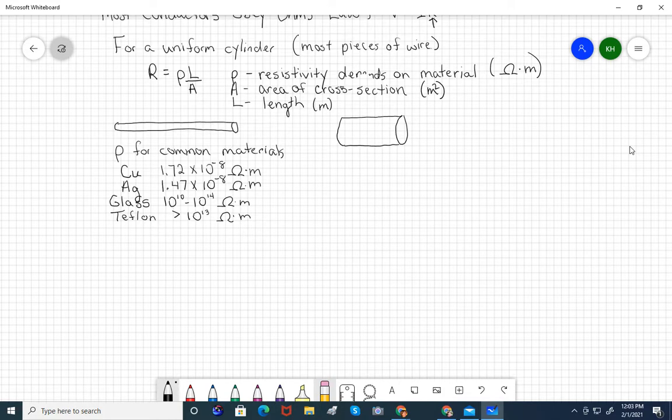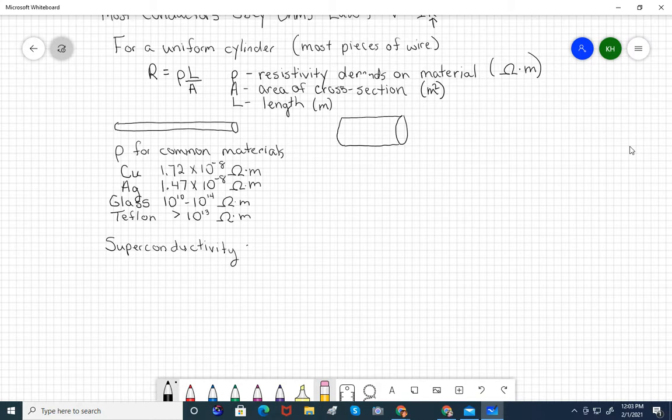So if you turn on your light and the light bulb filament heats up a little bit, it actually gains a little bit of resistance. There are also a few exceptions to the rule that don't follow Ohm's law. One is the idea of superconductivity. You've probably heard of superconductivity.